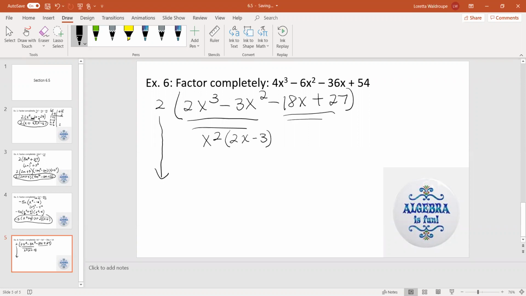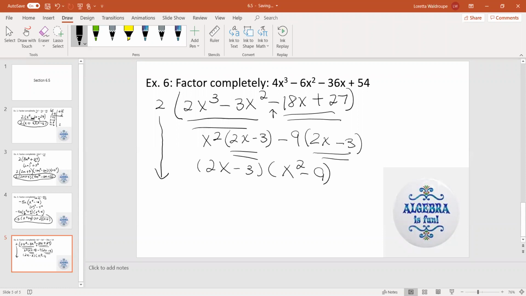Okay, 18 and 27 both have a 9 in common. And since the first term is negative, I want to pull out a negative 9. So divide by negative 9, divide by negative 9. Now you can see you have a binomial common factor. So we have 2x minus 3 and x squared minus 9.